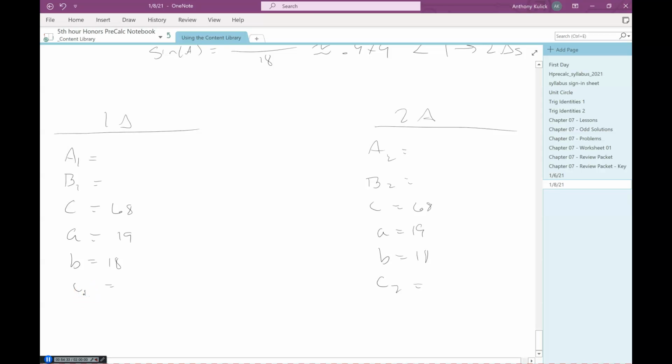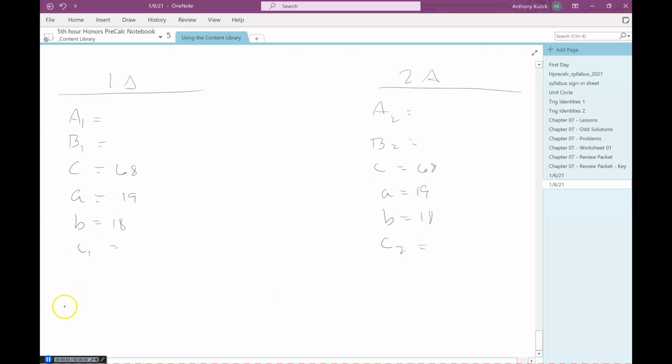And I use little subscripts for 1 and 2 to differentiate the parts of each triangle. That helps me keep things straight, because sometimes the information management is the hardest part of doing this, right? You have a bunch of information rattling around. It's sometimes tough to keep track of everything.